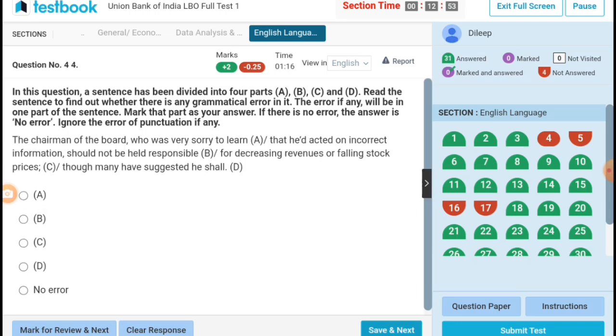I think option C. The chairman of the board, who was very sorry to learn that he had acted on incorrect information, should not be held responsible for decreasing revenues.